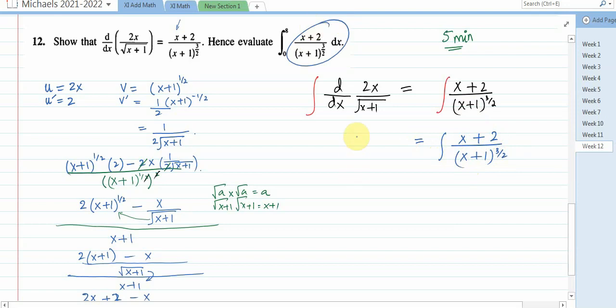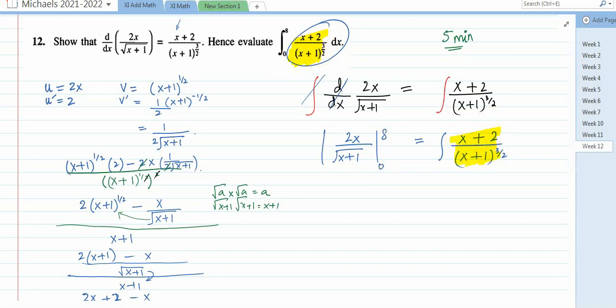And on my left side integral and differentiation cancel, so the leftover we have is 2x divided by under root x plus 1 with the limits given in the question from 0 to 8. Now the important thing, or you can say the easy thing in this question, is what is asked in the question, right? And what we have, they are exactly the same.